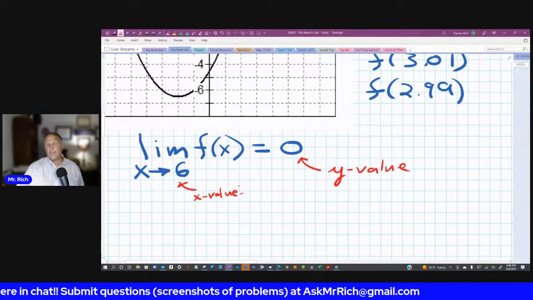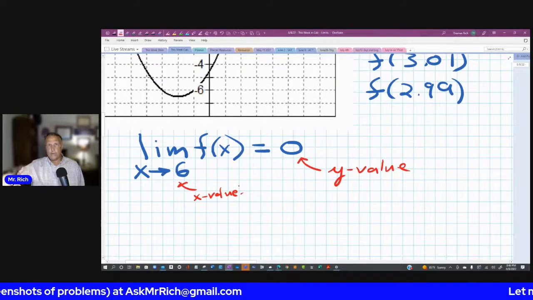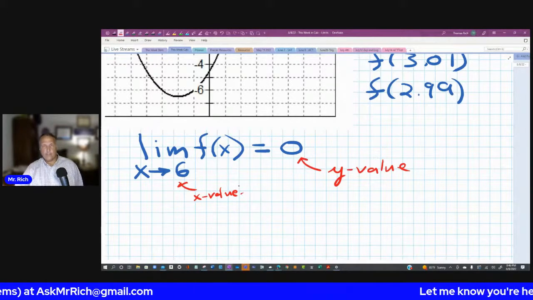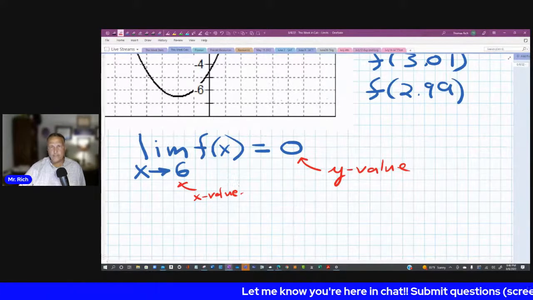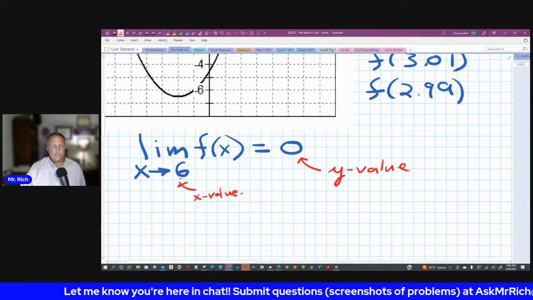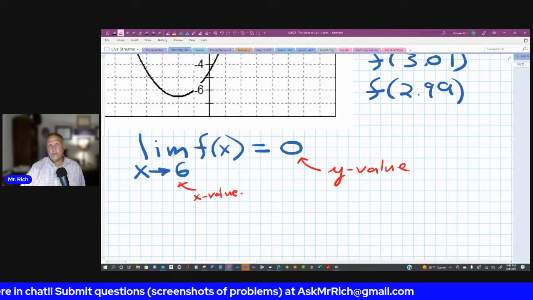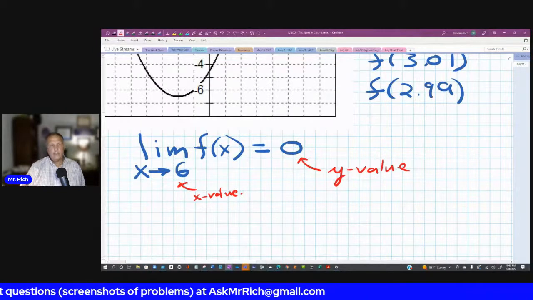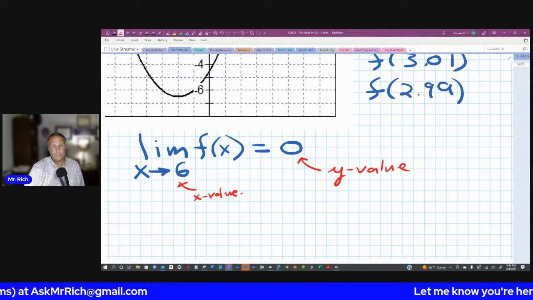So they have that in common. The limit notation and function notation both give you a y value on the right-hand side, and the x value is over on the left-hand side. Instead of being in parentheses, like function notation, when we're dealing with limits, that x value is next to an arrow, as x is pointing to it, just to say the limit of f of x as x approaches 6 is 0.